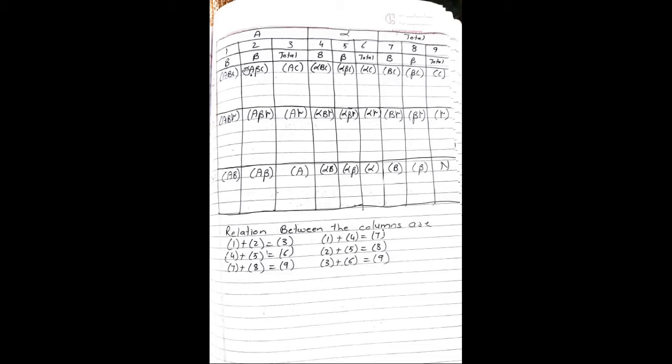Then write down B, beta, total, and C, gamma, total. Then name each and every cell and remember the relation between the columns. The relations are 1 plus 2 is equal to 3, 4 plus 5 is equal to 6, 7 plus 8 is equal to 9, 1 plus 4 is equal to 7, 2 plus 5 is equal to 8, 3 plus 6 is equal to 9.